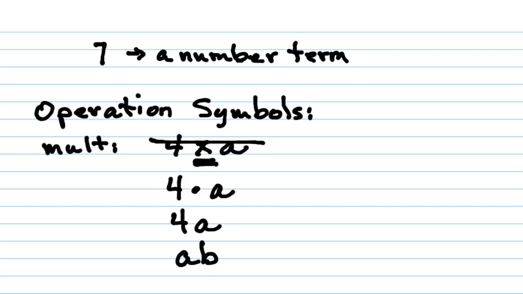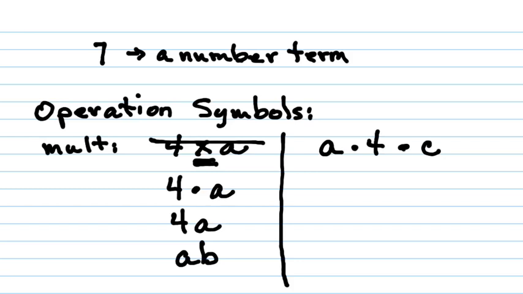Now, we also need to agree on some rules for how to write things so that they're in a proper order. So say, for example, I have A times 4 times C. Well, all 3 of those things are going to be multiplied together.